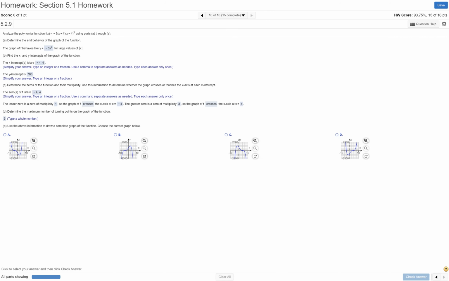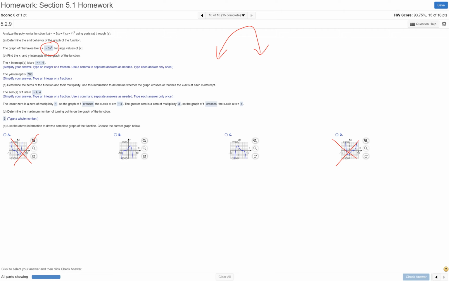So let's see which one makes the most sense. It's a negative even polynomial because it is raised to the 4th power. That is the leading term. So it's a parabola-like shape going down. We know that because it's even, and it's negative, so it's going down. That leaves A and D out of the question. So it's all about the zeros now.